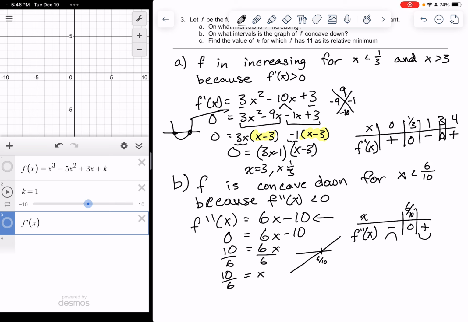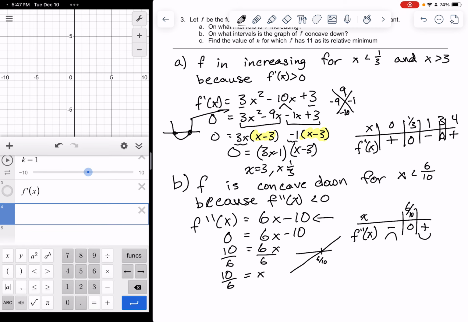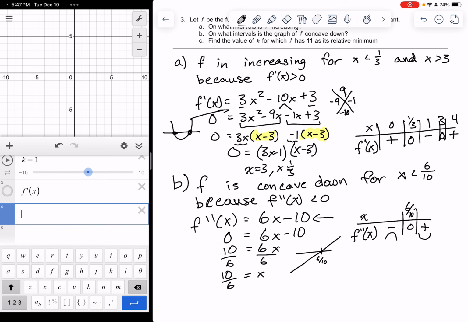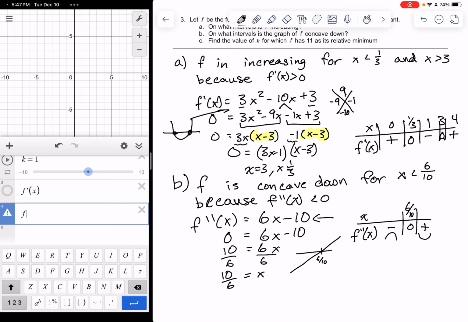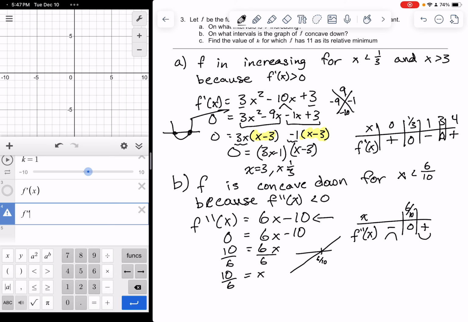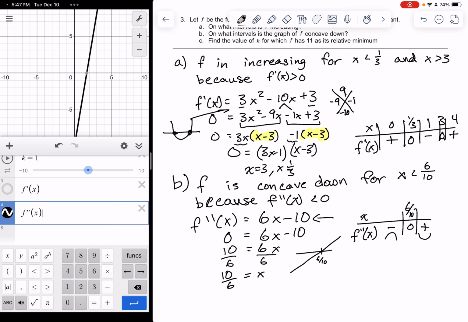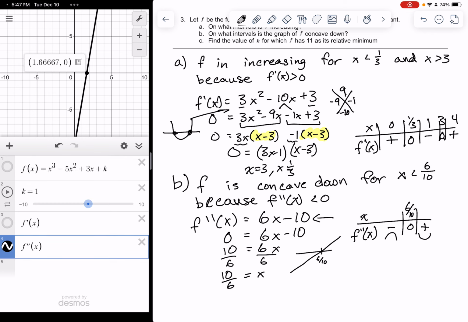All right, now how could I have done that just as easily? Not necessarily by hand, but with a graphing calculator. I'm going to type in f double prime of x, and sure enough, it crosses at 1.666667, or 1 2/3, or 10 over 6, or 5/3.